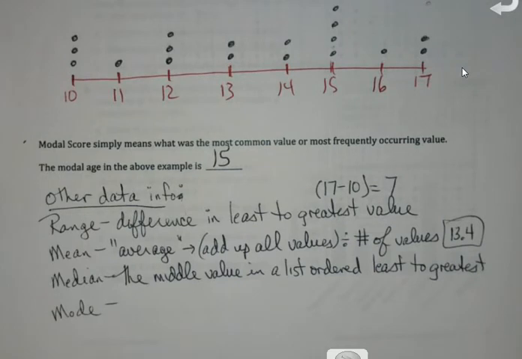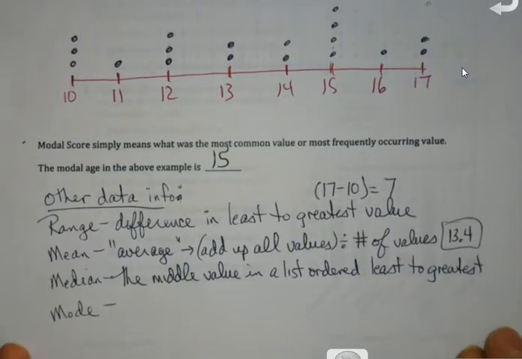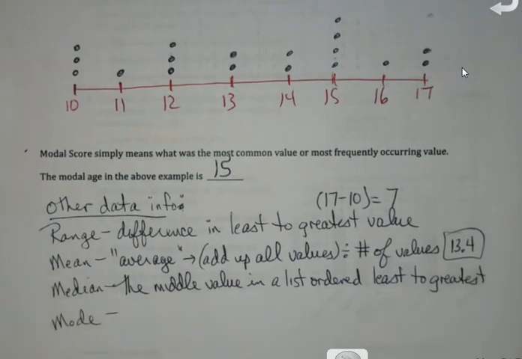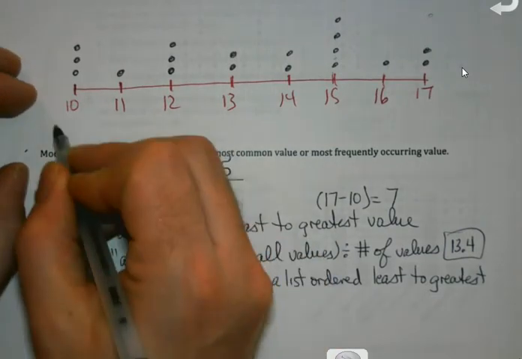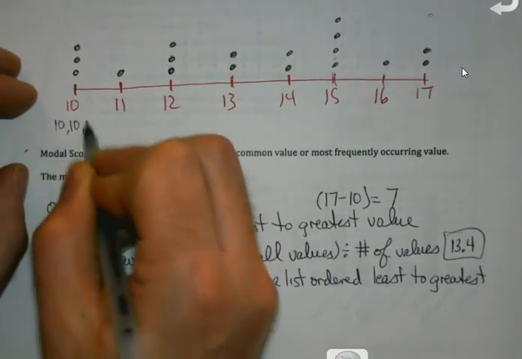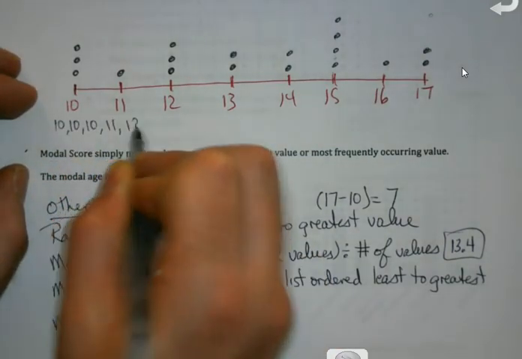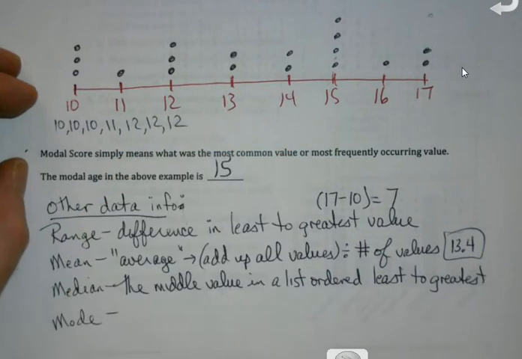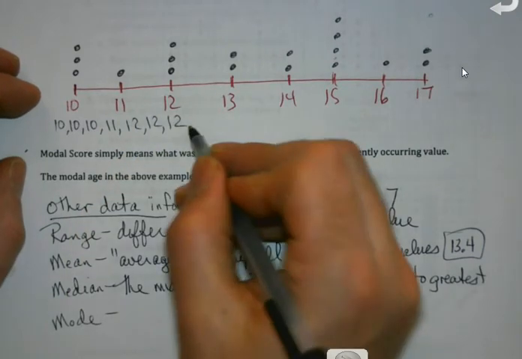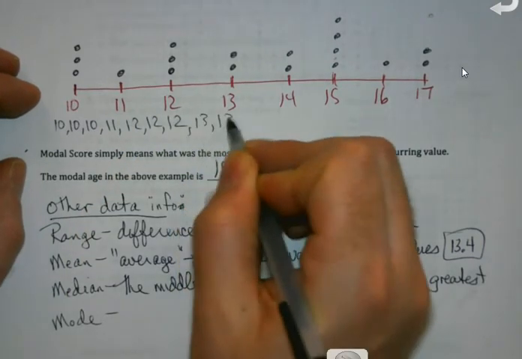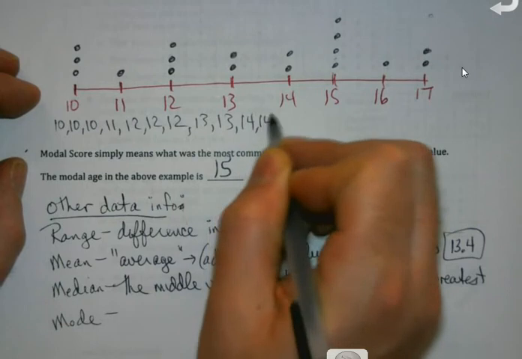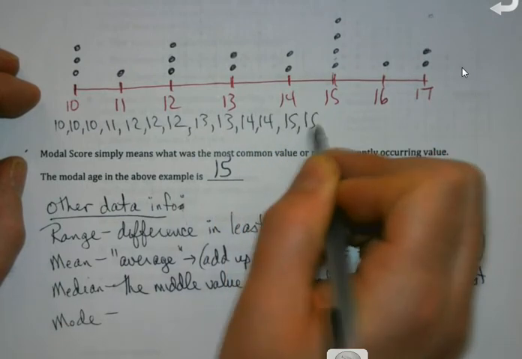So there's a couple of ways that I'd be able to do this. If I was doing the median for this one, having the dot plot is going to help me, because I can very quickly list my numbers this way. For every dot you see under a number, I'd have to write that number down that many times.